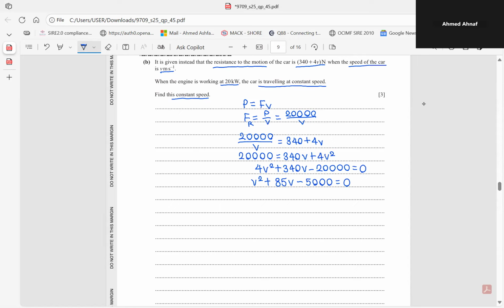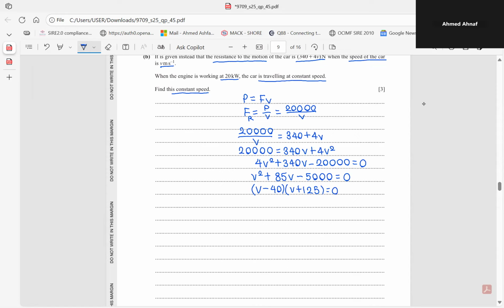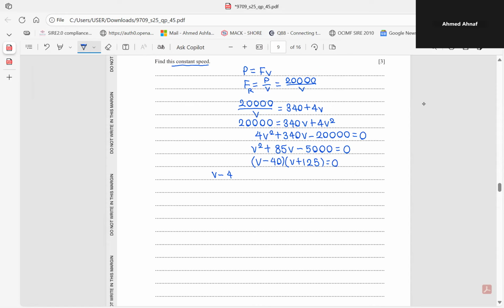So let me try factorizing this. Okay, so I got (V minus 40)(V plus 125) equals 0. So we're going to equate each of these factors to 0. So first answer, we got V equals 40. And the second answer would just be V plus 125 equals 0, so we get V equals negative 125.